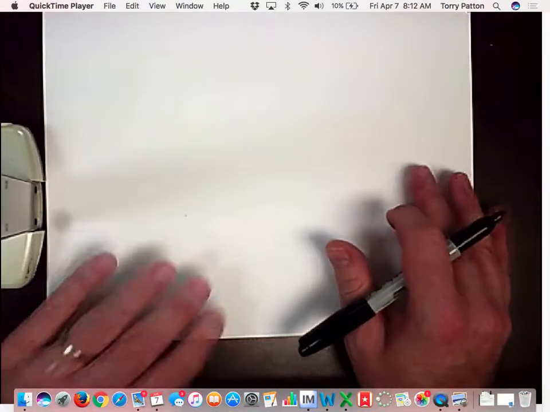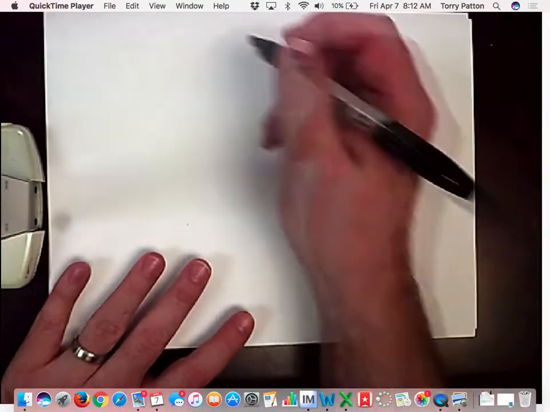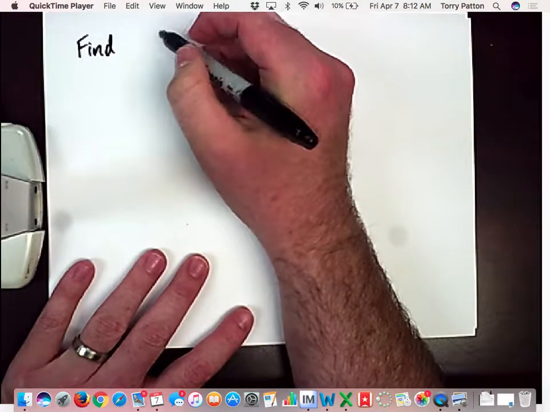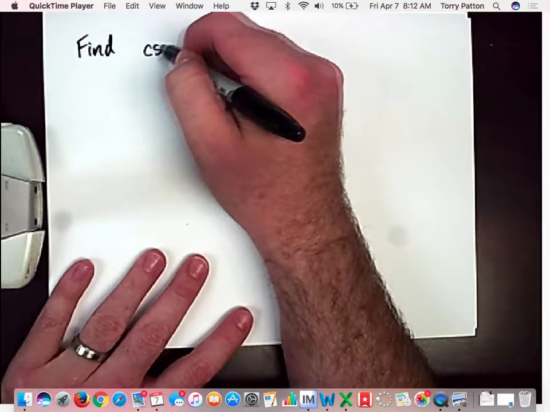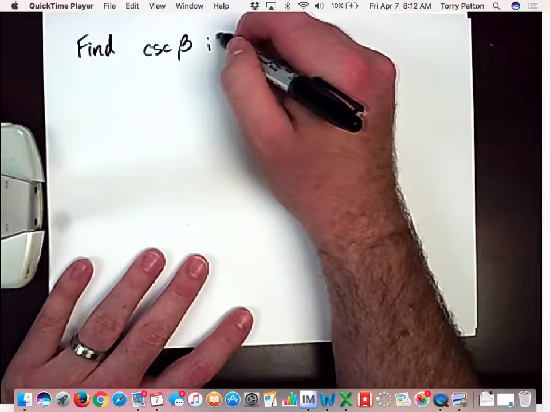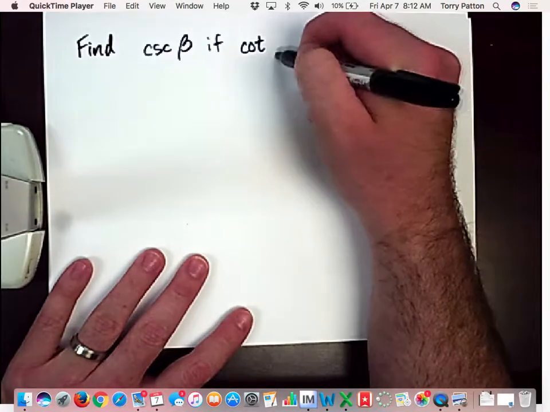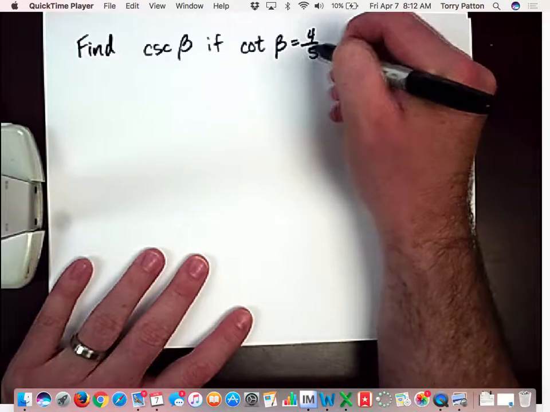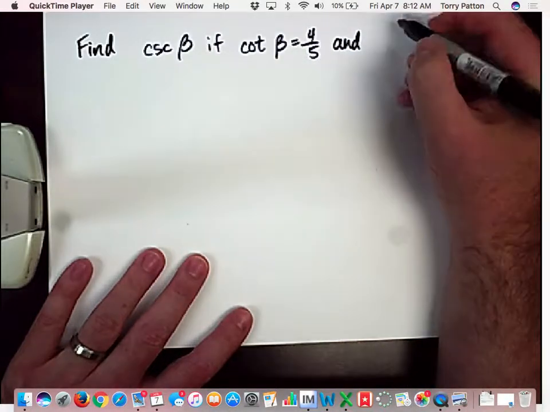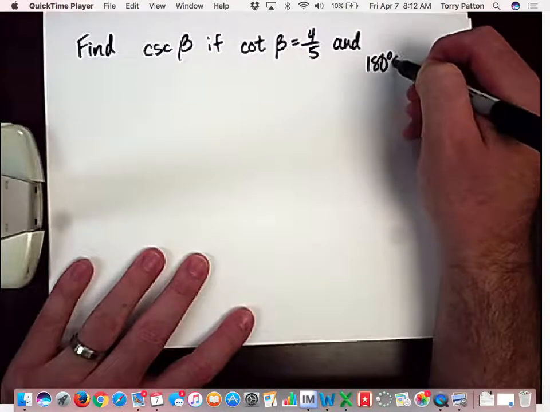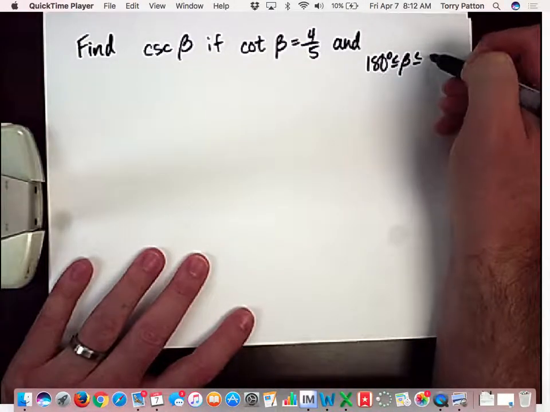All right, so let's say I told you to find cosecant of angle beta if cotangent of beta equals 4 over 5, and beta is between 180 and 270.